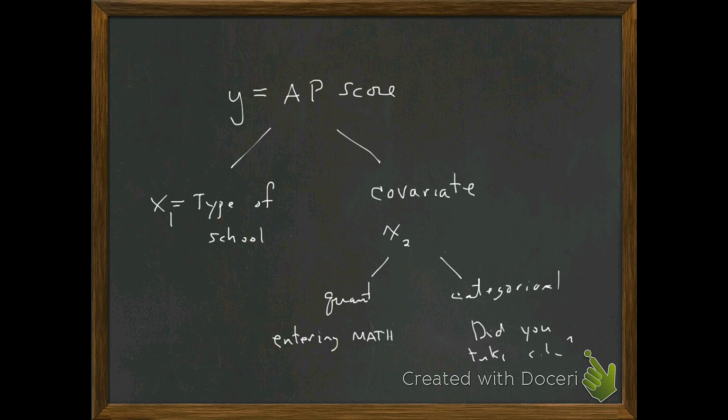I would think it'd be pretty clear that both of these would give you an indication of entering math level, but the quantitative measurement would give us the best. Now, what we're going to ultimately find out is that a single question like this is not really a good indication of really anything. We'll get into some factor analysis and stuff.